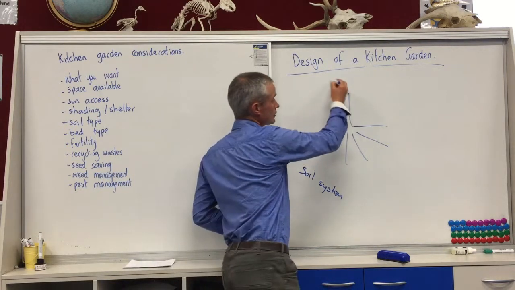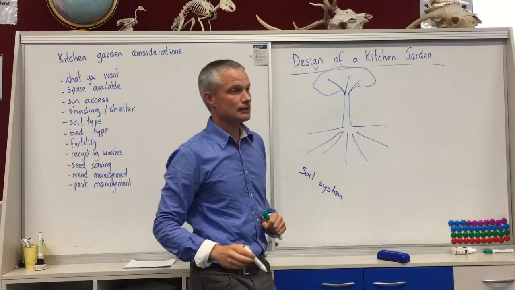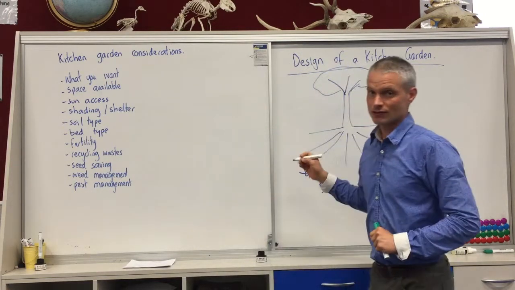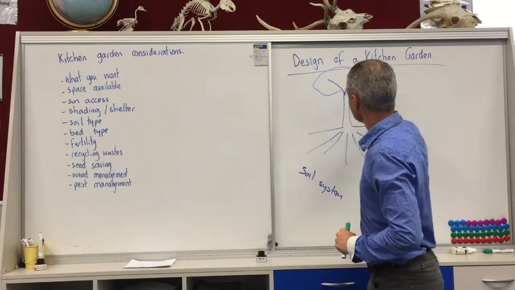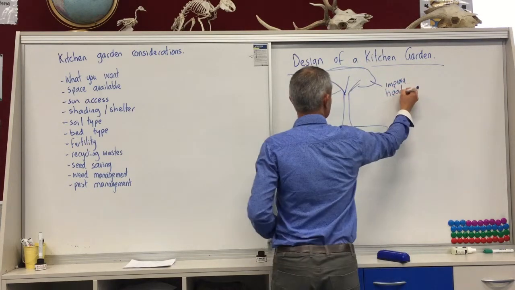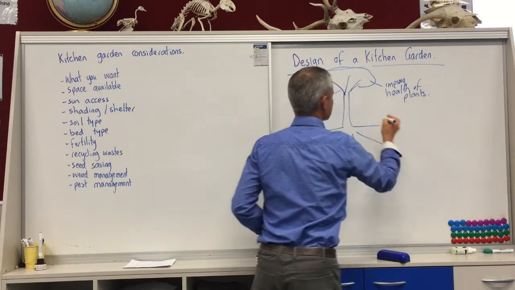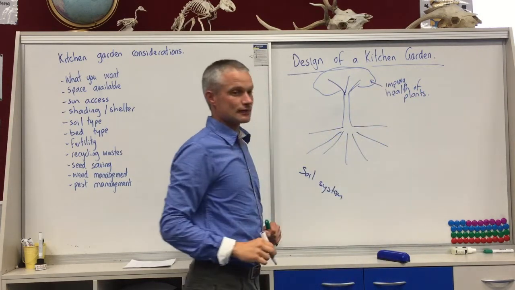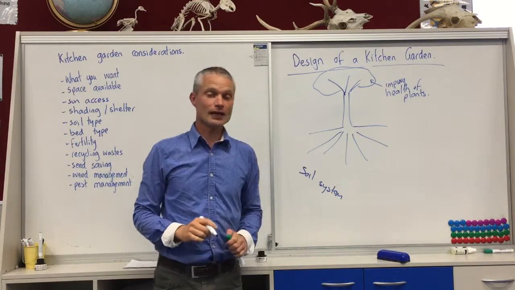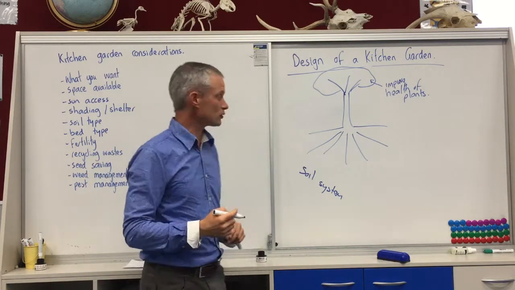So whatever we do in the system, we want to get the plants growing as well as possible. So improve the health of plants. And depending on the system, we might do that in different ways, but we generally are just trying to get that plant to grow as healthily as possible.